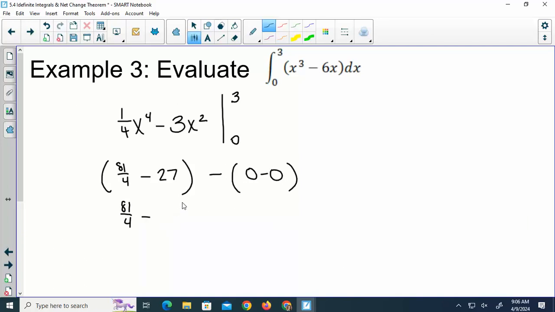Okay, to subtract, we need a common denominator. 27 times 4 is 108 over 4. So if we subtract, we get negative 27 over that.